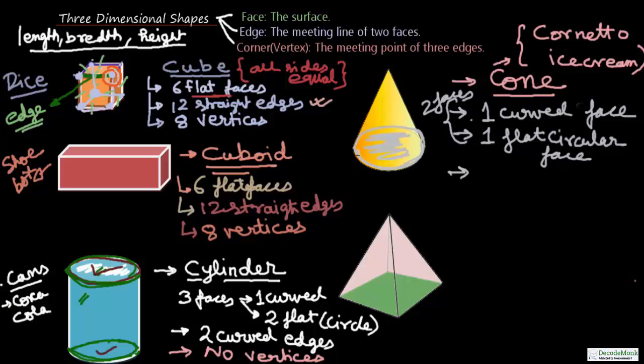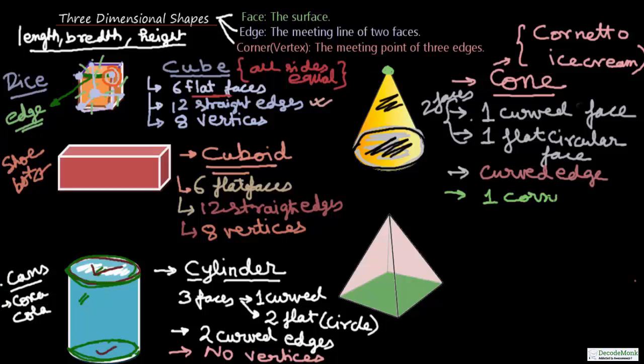This is the curved edge, and there is one corner. You can see that the parts of the faces meet here, so it has got one corner or vertex. So this is the corner of the cone. These are the things you need to know about a cone.